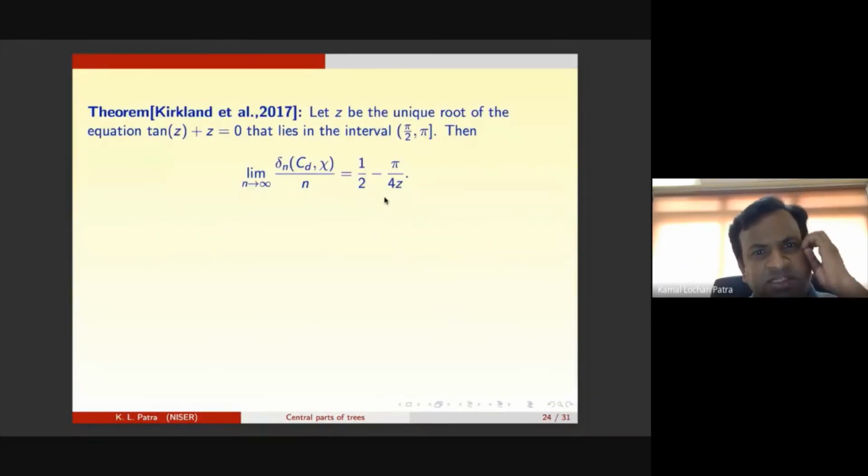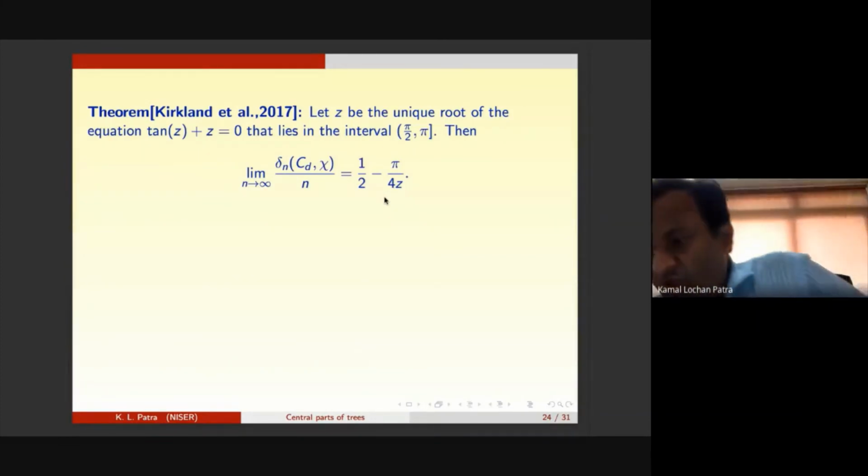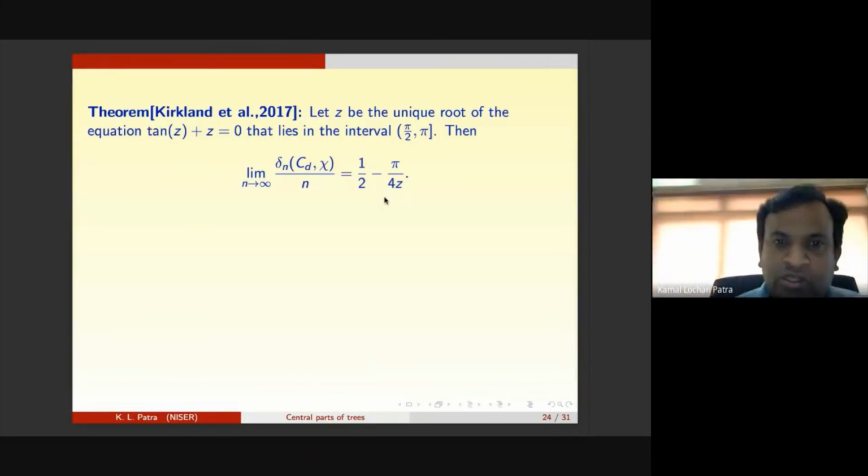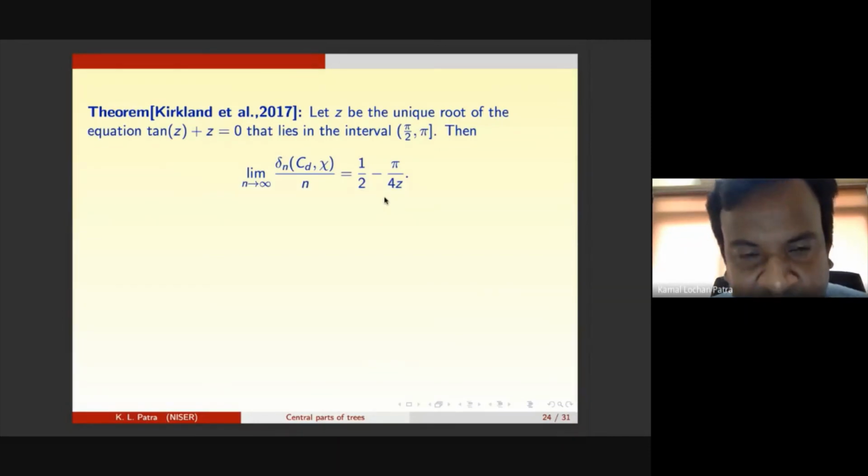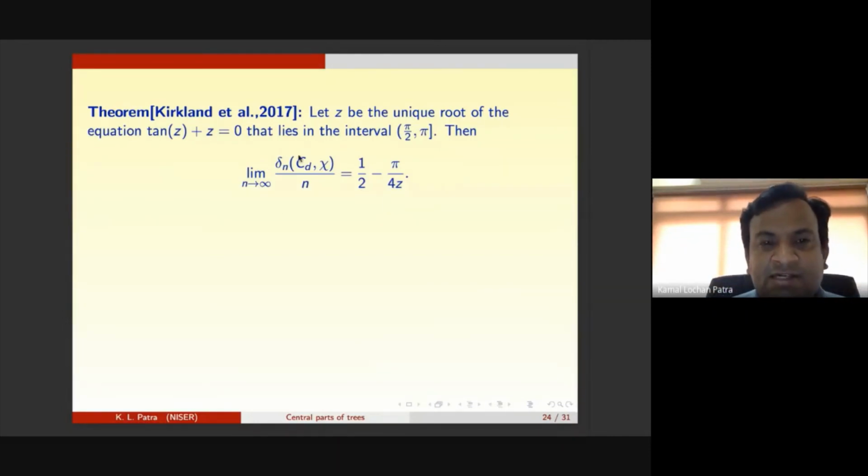So in 2017, Strickland and co. proved some results related to the maximum distance between center and characteristic set and centroid and characteristic set. Though they could not prove the exact maximum distance, they studied the asymptotic nature of these distances.